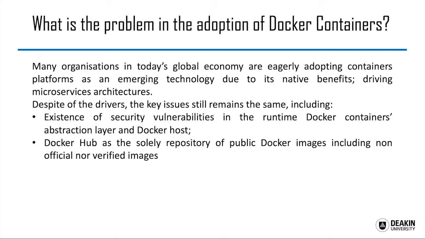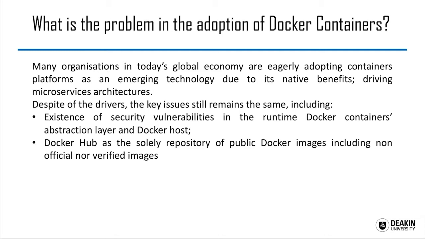Today, many organizations have adopted containers as a technology in their environments. These offer them large benefits in driving microservices architectures, rapid development, and the ability to expedite their build in the software side.